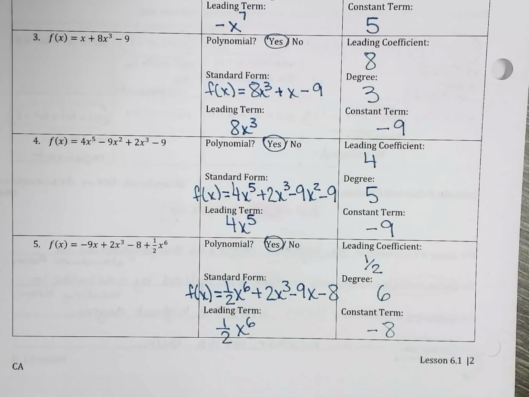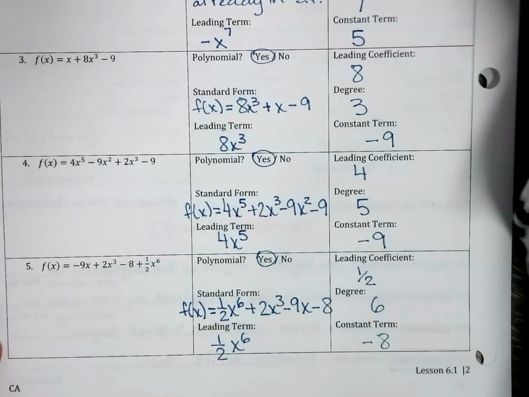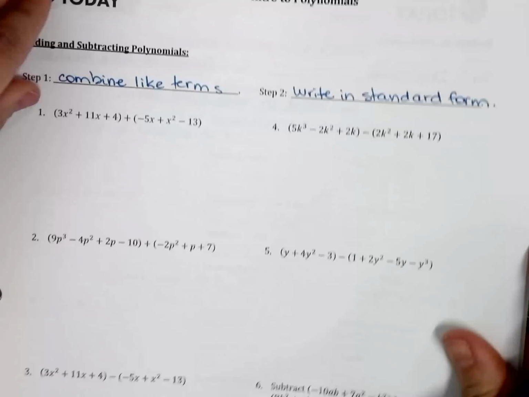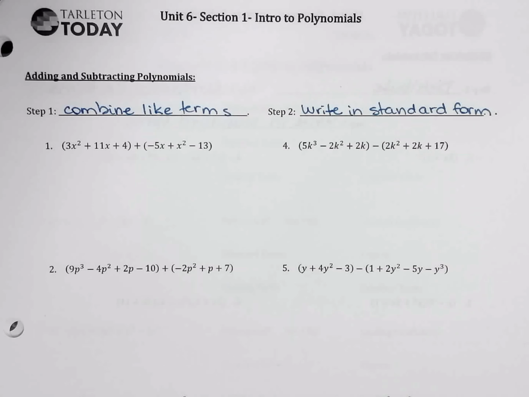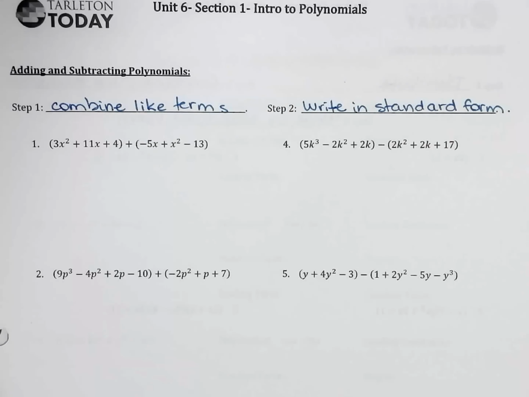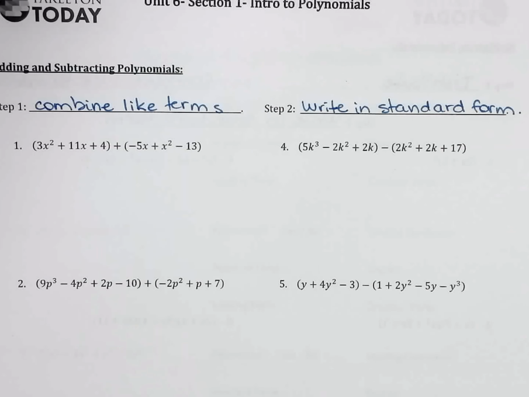That's not bad. Some things that you already knew, but sometimes we just need to put names to what you already know. Now this part right here, I like to color code it. That way I don't miss anything and I don't leave anything out. So we need to combine like terms and then write the answer in final and standard form. I'm going to use a couple different colors here.